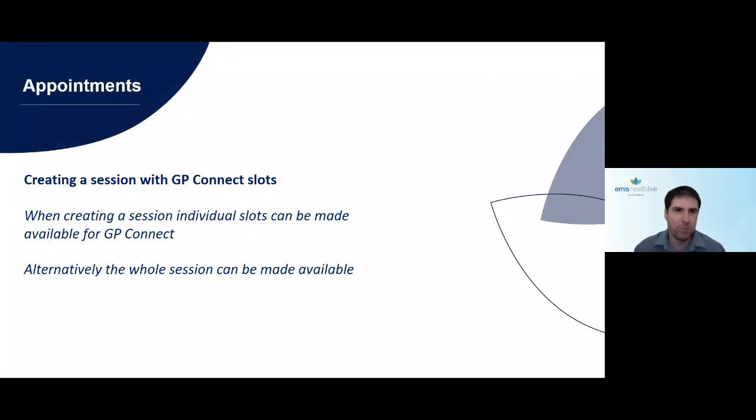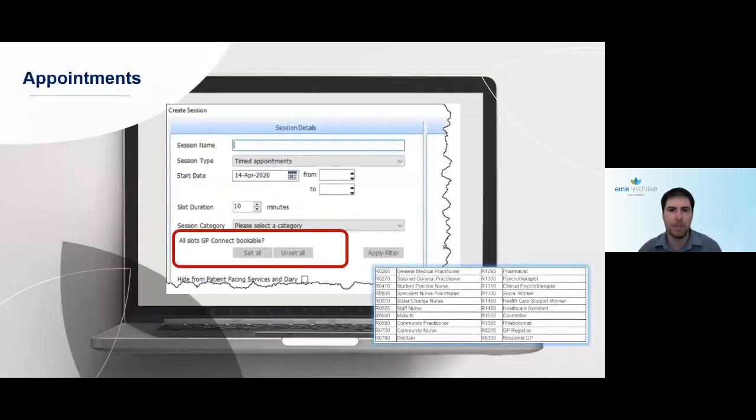And moving on to appointments and creating those slots and those sessions. When creating a session, individual slots can be made available for GP Connect. Alternatively, the whole session can be made available. So when creating the session, you'll see the option for all slots GP Connect bookable. That's highlighted there.